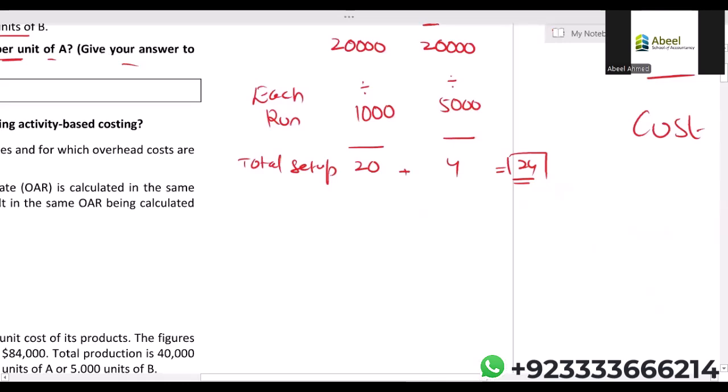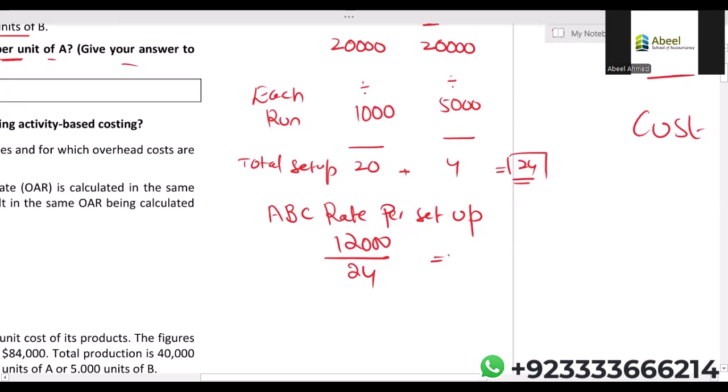So very easily we can calculate per setup cost. So students, what is the per setup cost? So the ABC rate per setup: we'll take $12,000 total setup cost divided by total number of setups.